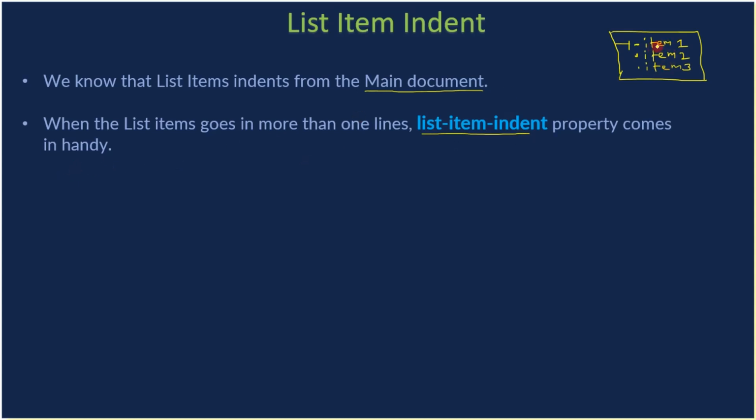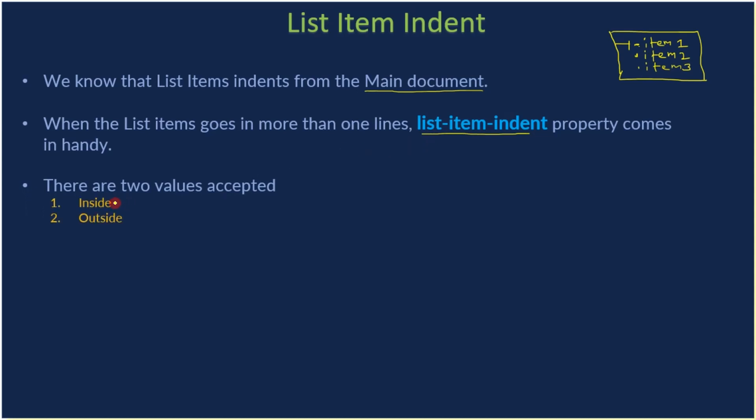So here we are talking about a bullet and the item that gets displayed in a single line. If there is a list item that spans multiple lines, that time we may use the list item indent property.